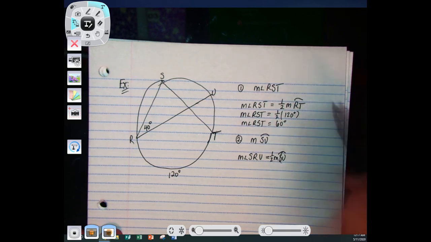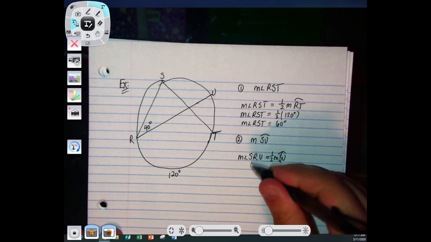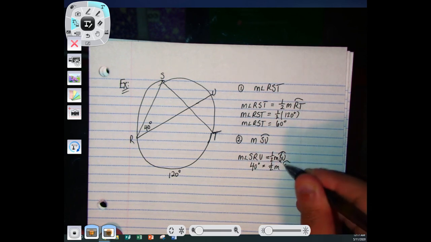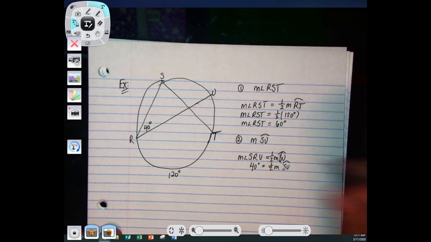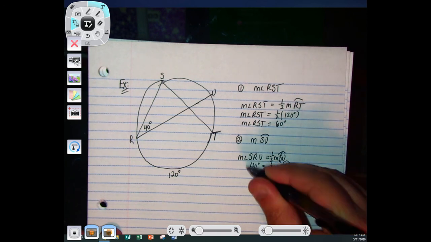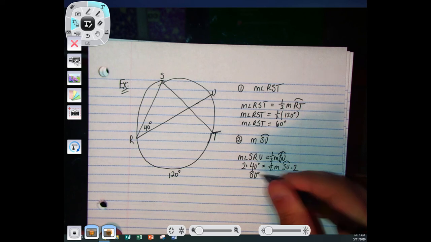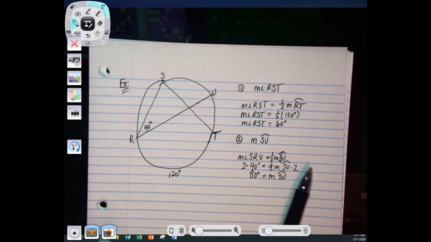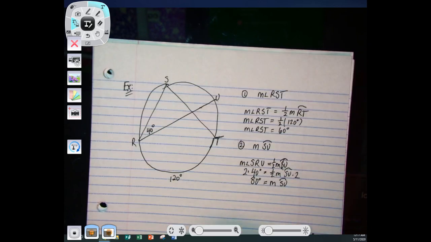Okay, so we know the angle this time. So we know the angle is 40. That's equal to half the measure of arc SU. So what do I do here now? Well, I multiply both sides by 2, and we get 80. So therefore, 80 is equal to the measure of arc SU.